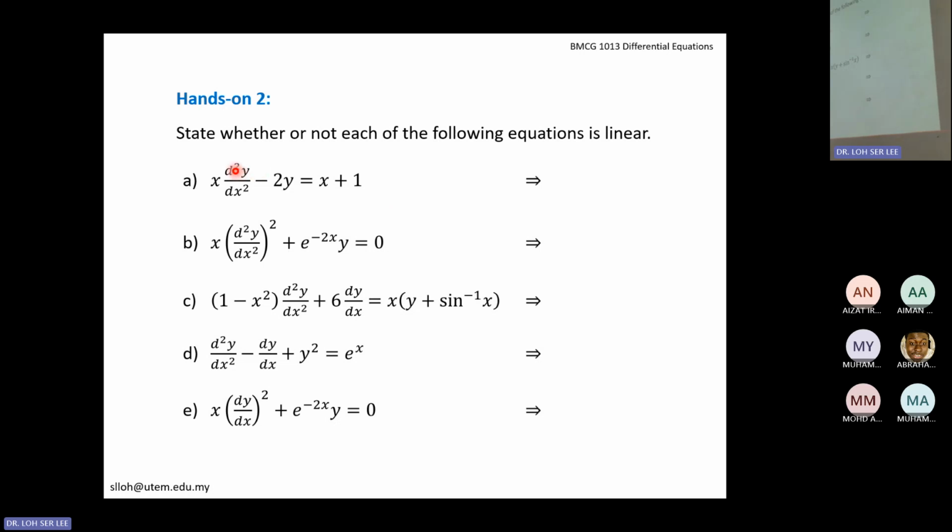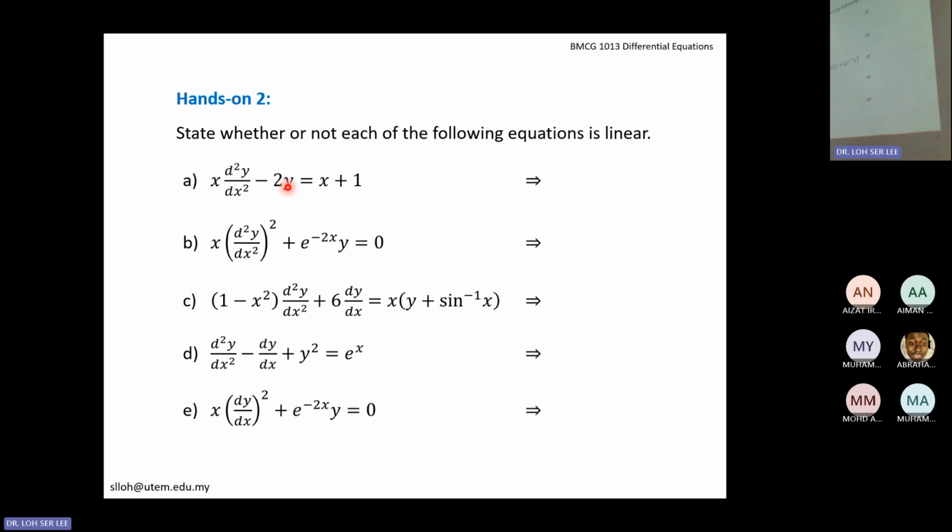This one is order, not degree. Degree means you have a bracket with a power of a value. So this is compared to the first degree, power of 1. This is degree, not power, in d^ny/dx^n. So this is degree of 1. y is also degree of 1. So the first criterion is satisfied.